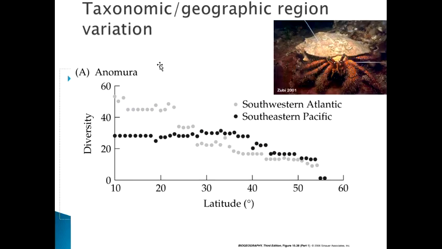Here's a different group, the Anomurans, another type of large crustacean, and again, a similar pattern. The Atlantic shows a diversity gradient. The Pacific shows a relatively flat line, but then there appears to be a drop-off over here. So I just want you to realize that you can take the simple data, the counts of things, and you can vary it by region, by any ecologic feature of a particular taxon.